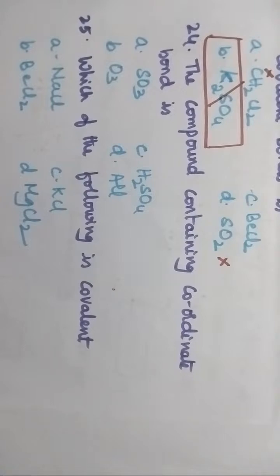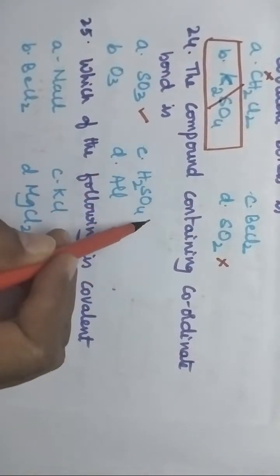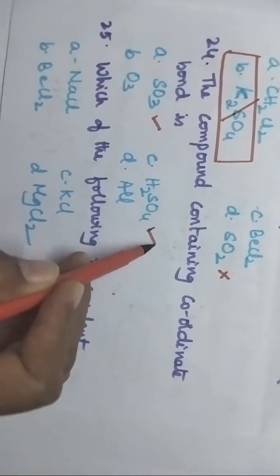It's too simple. Oxides of sulfur contain coordinate covalent bond. Pick how many oxides are present here. Yes, SO3. What about H2SO4? Very good, H2SO4 also contains coordinate covalent bond.